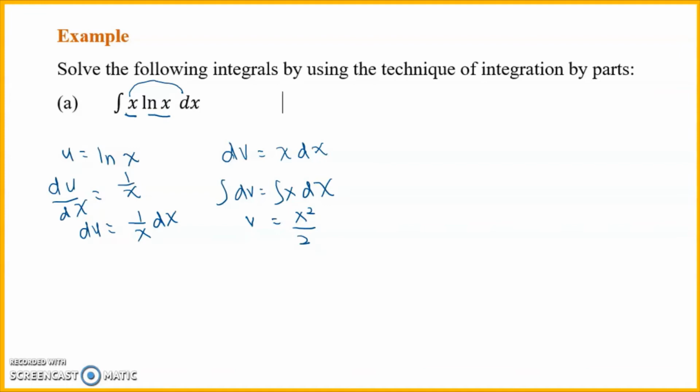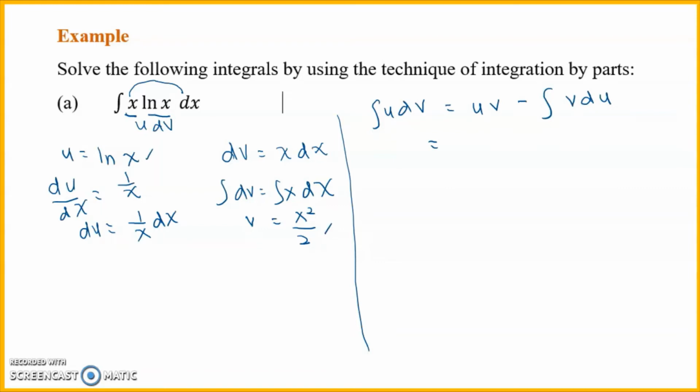Then we use the formula just now, which is the integral of u dv equal to uv minus the integral of v du. So take this u and this v, we have x squared over 2 times ln x, this is the uv, minus the integral of v du. v is x squared over 2, du is 1 over x dx, so we can cancel this x here.